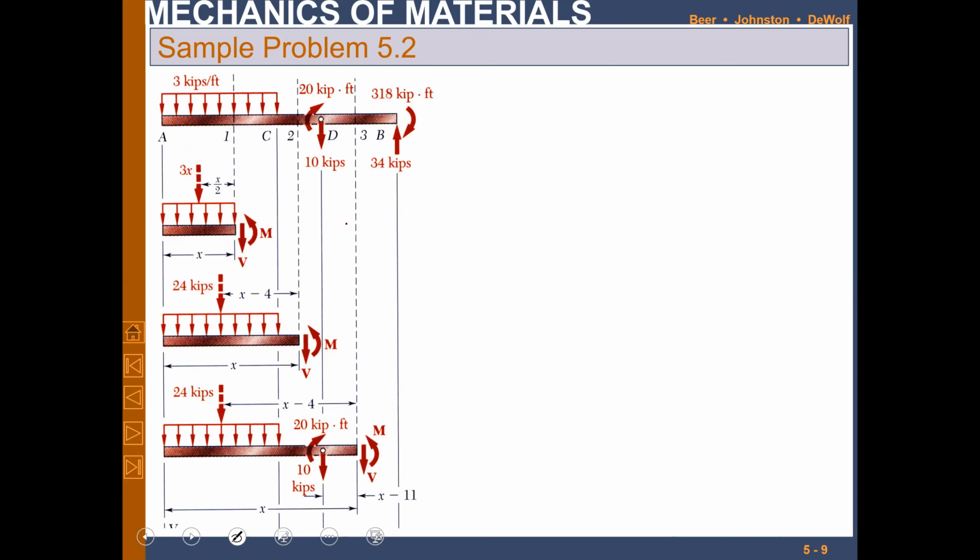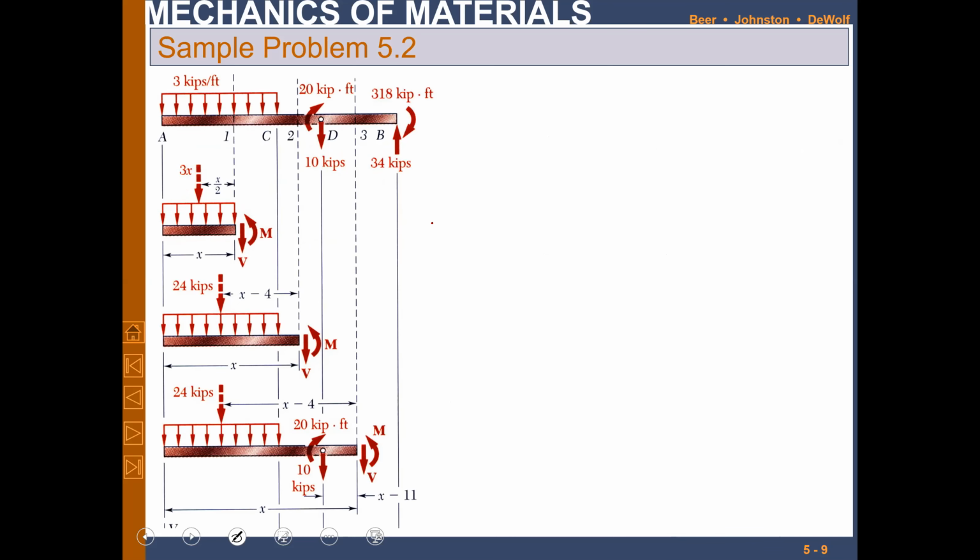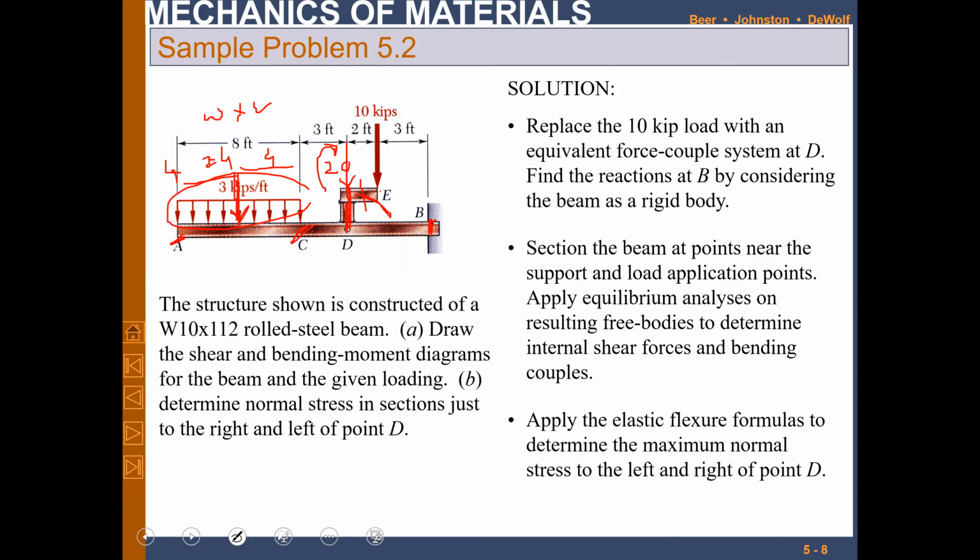And then obviously in the end you will be having a point where you will apply the positive moment and the positive shear. Not positive shear, because it is a support, so there will be a reaction there.